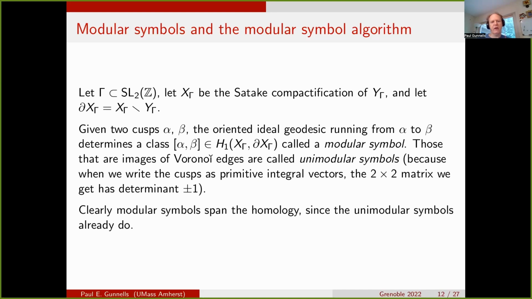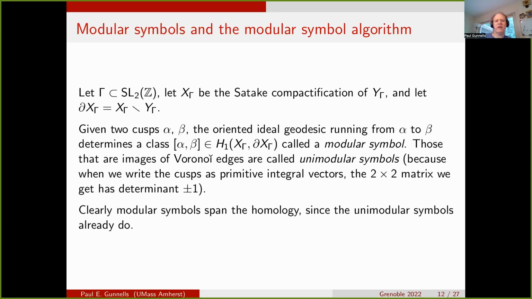That's the cusps. So given 2 cusps, think about the upper half plane: if you take the geodesic running from alpha to beta, and then you pass that geodesic down by taking the quotient, you're going to get something that lives on the curve X_Γ, this topological surface.